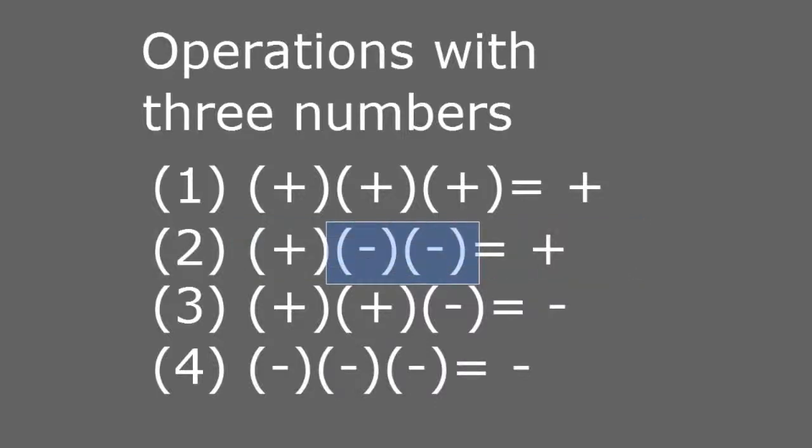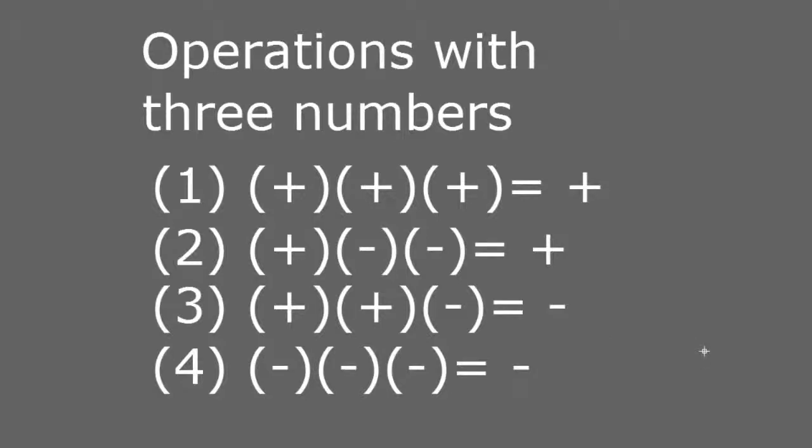Two negatives, when multiplied, become a positive, and when that is multiplied by this other positive, it stays as a positive, so I get a positive result. If I have two positives and one negative, let's say these two together are a positive, but when we later multiply by a negative, it becomes a negative.